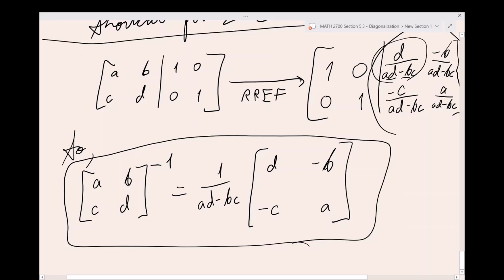And then my other diagonal entries just get made negative. And we end up here, and then that whole thing is getting scaled by 1 over ad minus bc, but remember, that's just the determinant. So actually, that gives us a pretty good shortcut. Swap these two entries, make the other entries negative, divide by the determinant.